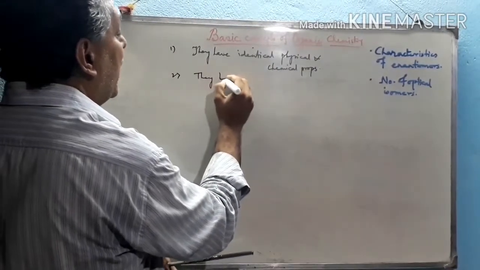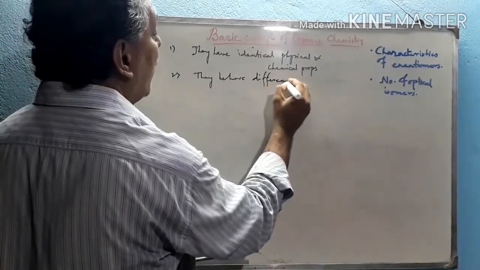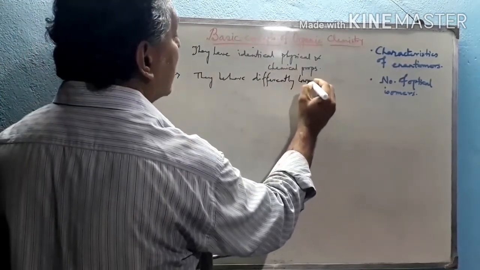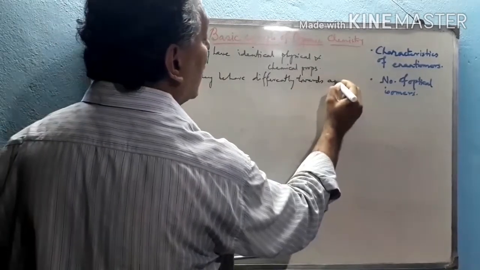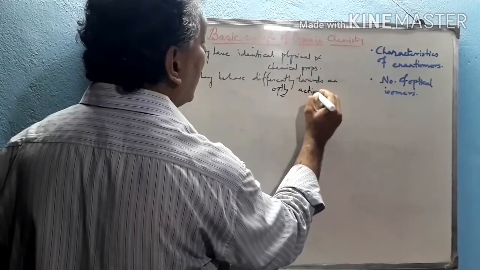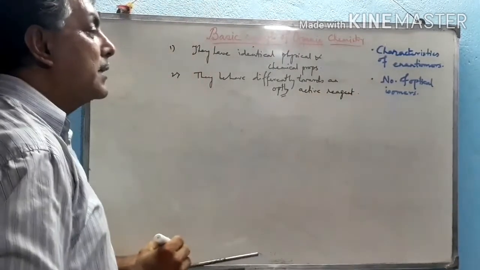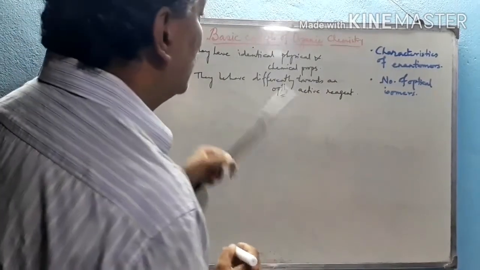They behave differently towards optically active reagents. So these two are the main characteristics of the enantiomers.